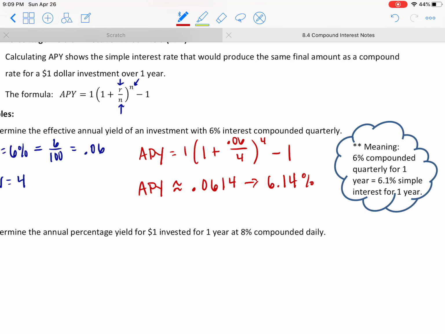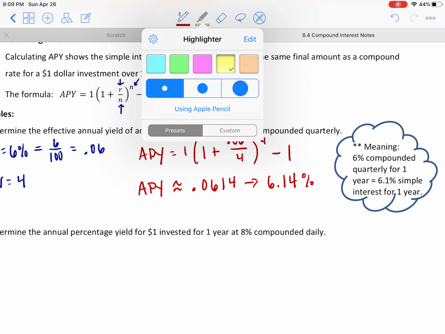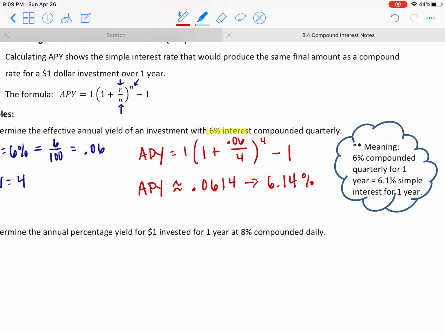If you wanted to go a little further, we could. This is about 6.14%. Now in the little word bubble there I put 6.1, but here's what this is saying. If you took $1 and you invested it for a year into 2 accounts, one that compounded interest quarterly at 6%, and one that just had simple interest at 6.14%, you would have the same final amount.